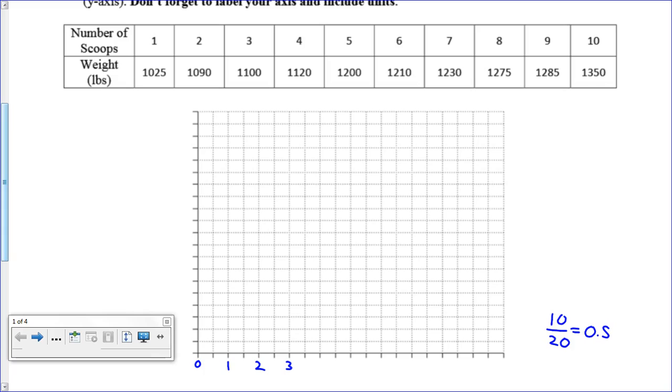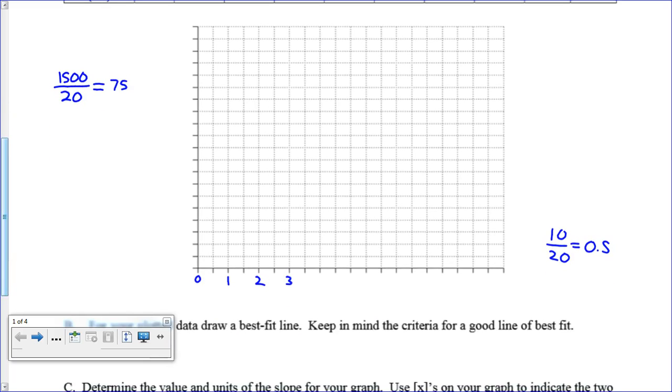So 1500 divided by 20 boxes is going to give me 75 for each box. We start out here at 0 again. The first box is 75. We skip that one. We'll label at 150. Next box would be 225. We skip that one. We label at 300, and so on all the way up.